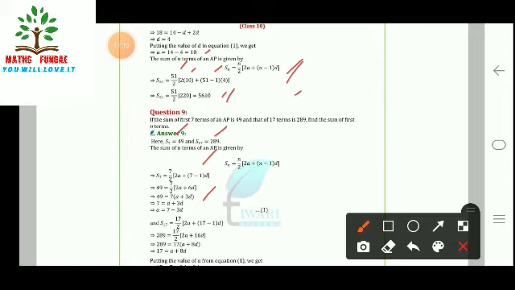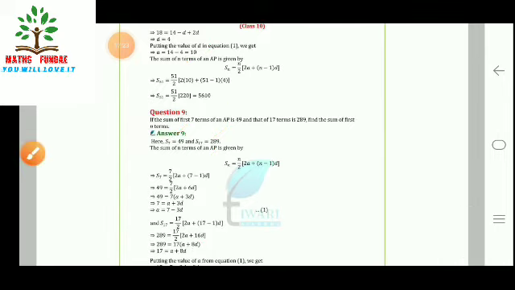Then again in the same way, S17 is equal to 17 upon 2 [2a plus 16d]. So that is 17 is equal to a plus 8d. So we have two equations. Now we are substituting the value of a from equation 1 into equation number 2.